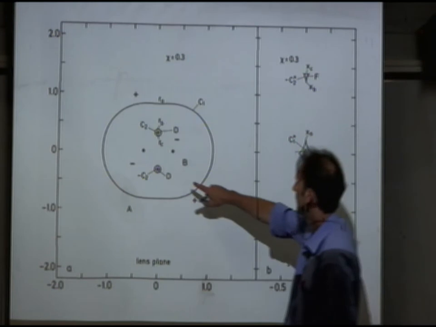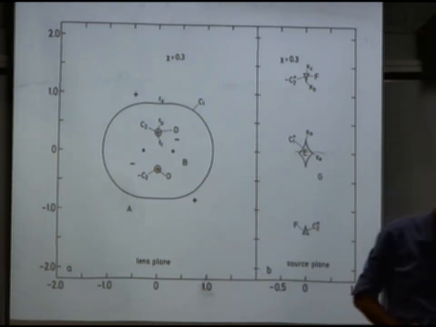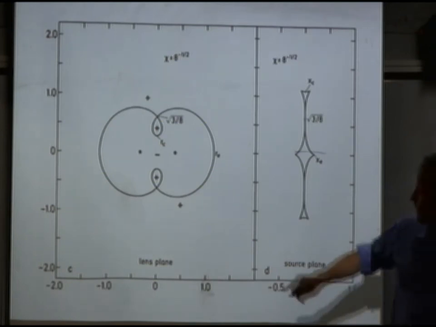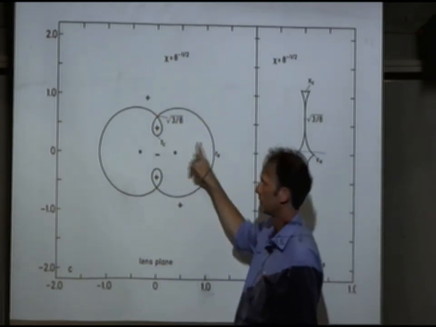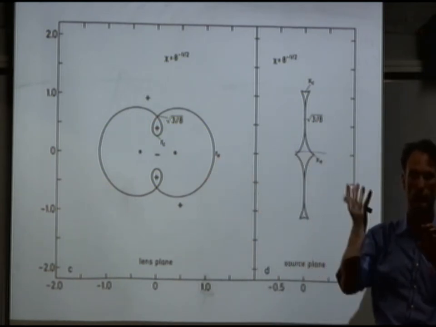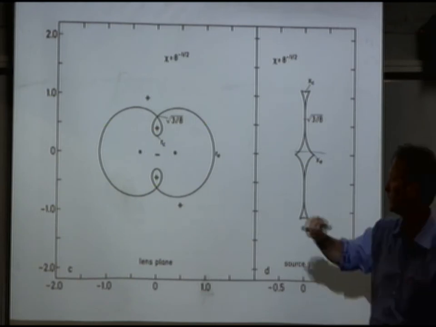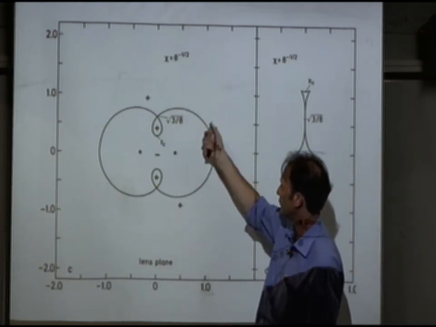Here, actually, I'm not sure what this means. I think I do know what this means. The pluses and the minuses say whether the magnification is positive or negative. So it's either positive parity or negative parity in the lens map. And when you cross a critical curve, you switch parity.